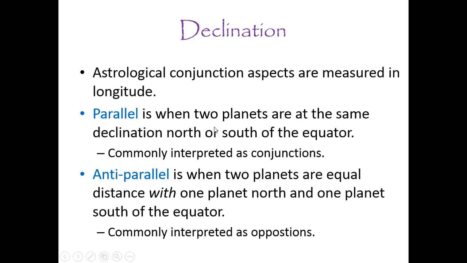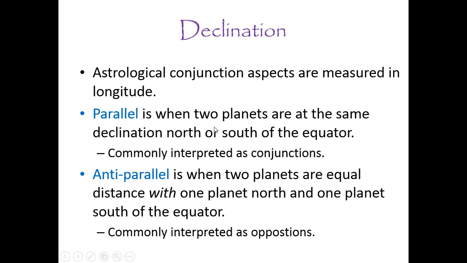When you look at a conjunction of two planets in the sky, their conjunction is being measured in longitude, meaning that measurement along the ecliptic. But they may not be equal in latitude. They're not at the same declination. So you will hear, in terms of declination, parallel and anti-parallel.